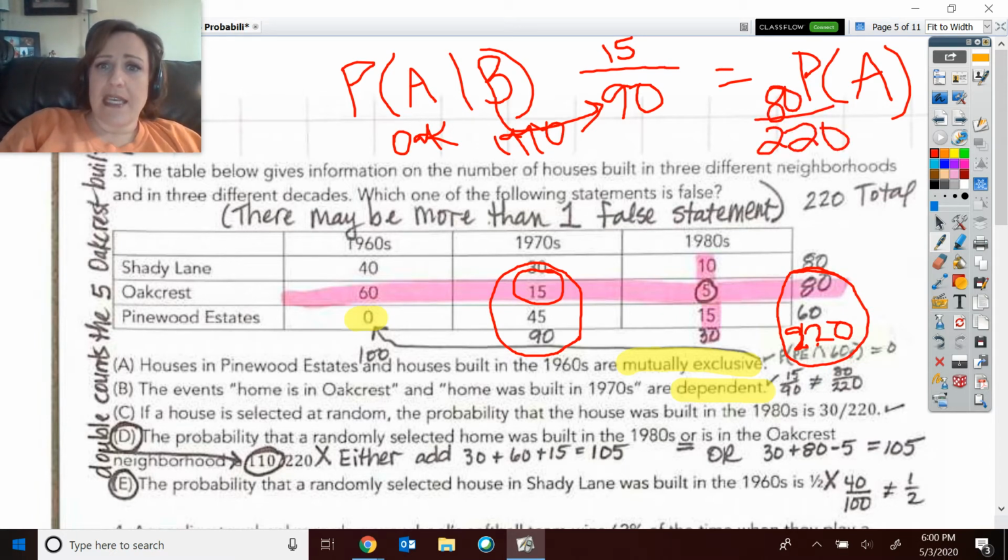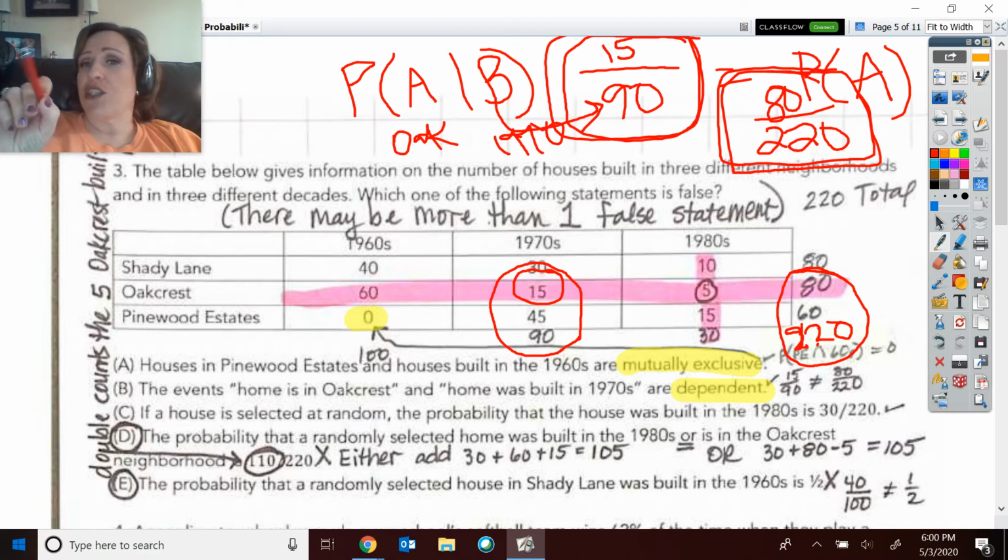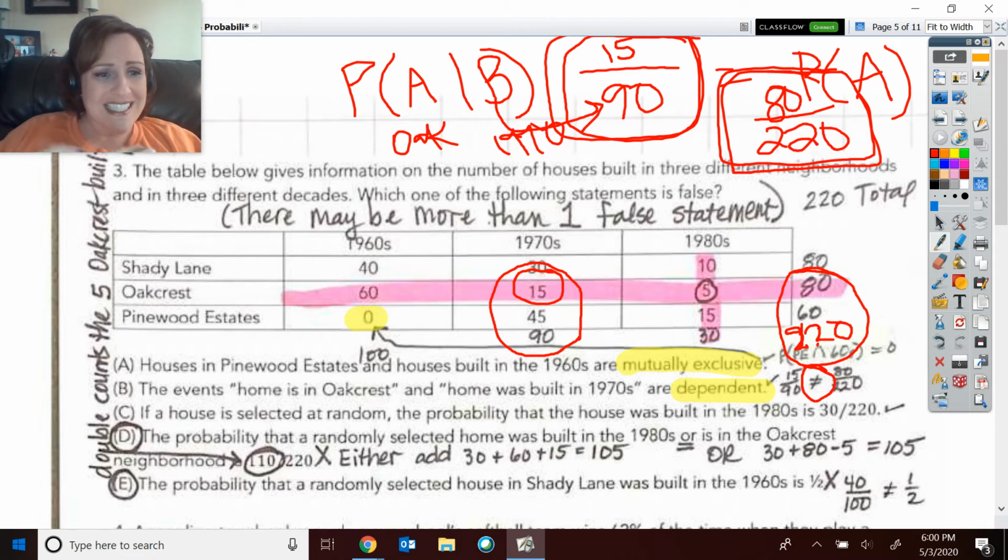If 15 over 90 and 80 over 220 are the same numbers, then that means being built in the 1970s did not change the rate at which you went into that neighborhood, because overall, you still went in it at the same rate. So that is not true. They are not equal to each other. Therefore, they are not independent. And unfortunately, they use that word dependent there. But anyway, let's look at C.